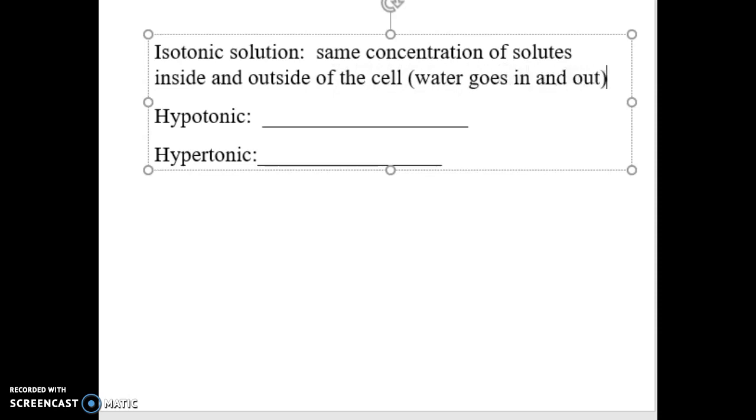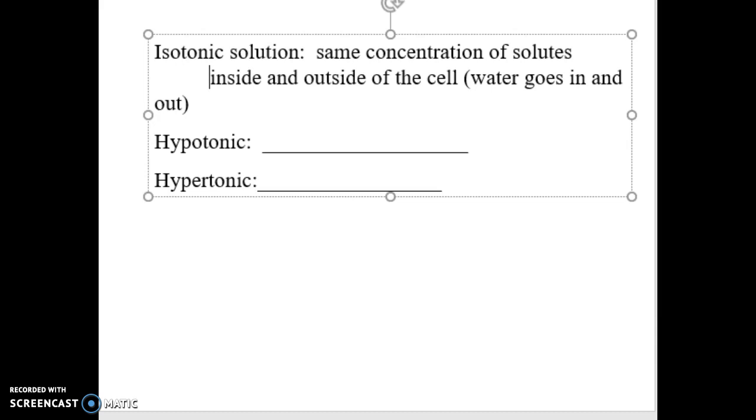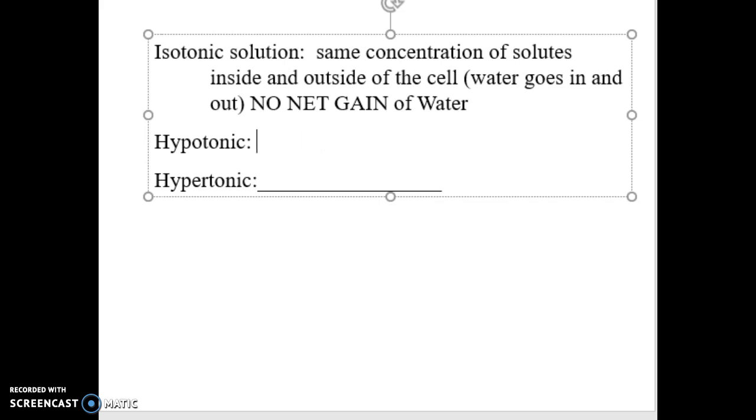If you are in an isotonic environment, water goes in, water goes out of the cell, but there's no net gain of water. Examples are contact solution, saline solution in the hospital, etc.